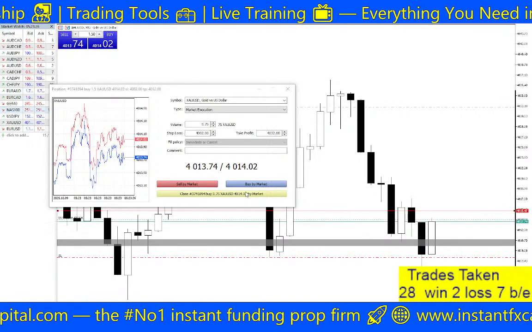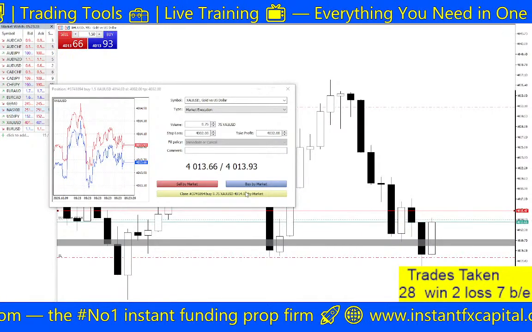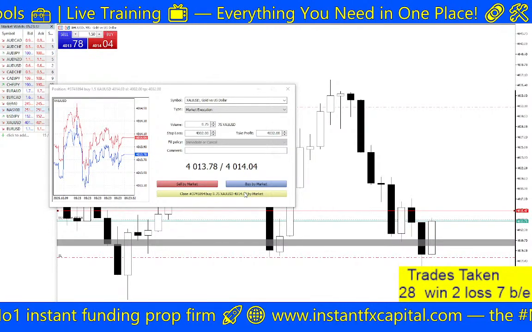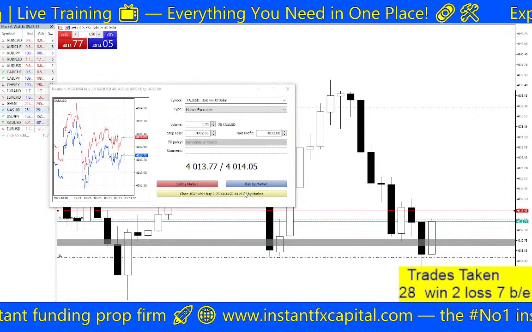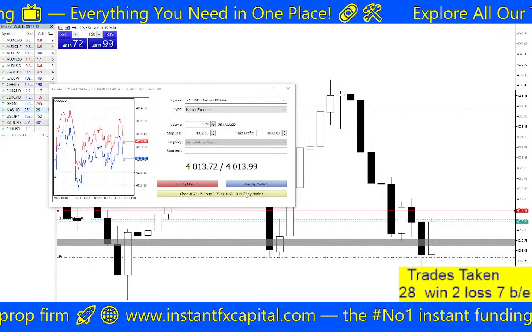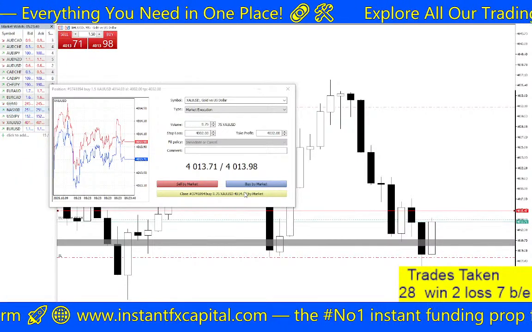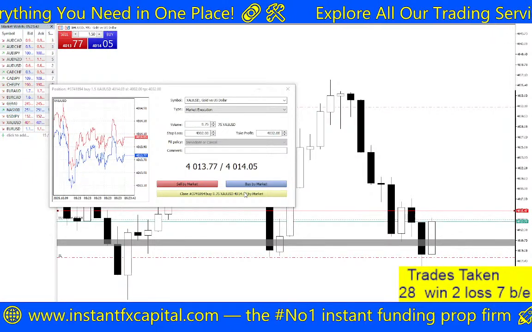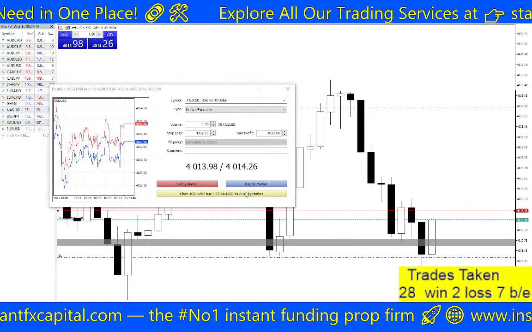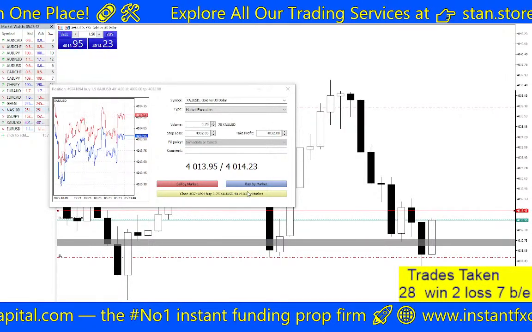So we're about 2.5 pips offside at the minute. $4,015 is our 10 pip barrier.